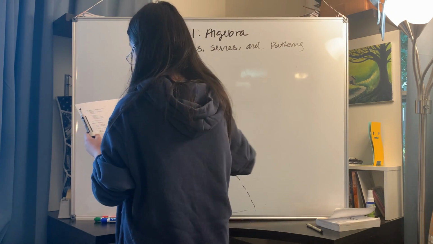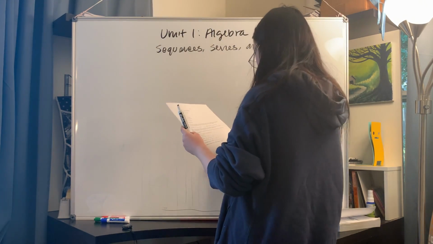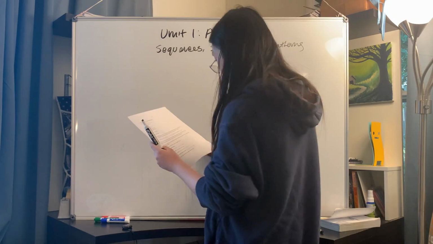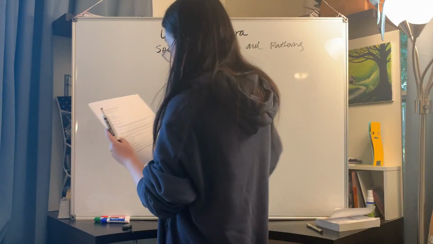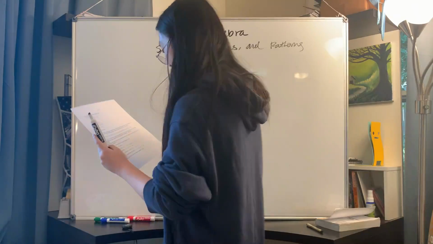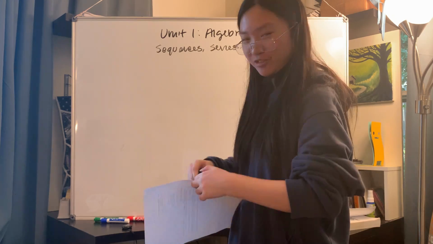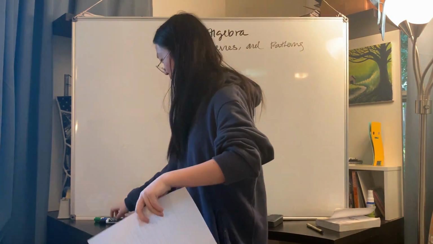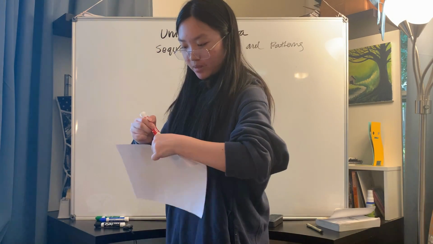Prove that a plus d plus a plus 2d plus a lot of numbers in between plus a plus n minus 1 d is equal to, you know what, it's probably better if I write this out rather than saying it out loud.